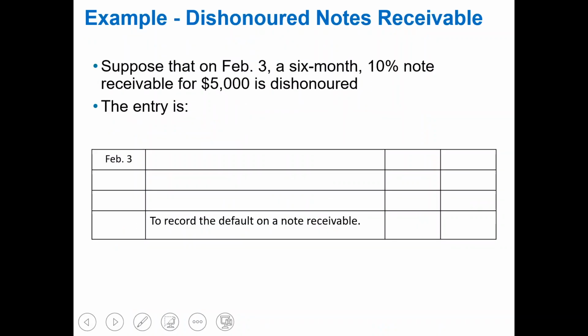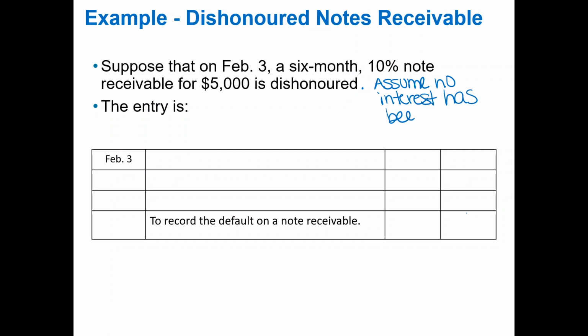An example here says, suppose that on February 3rd, a 6-month 10% note receivable for $5,000 is dishonored. And we're going to just add here, assume no interest has been recorded yet. So nothing's been booked other than recording the issuance.